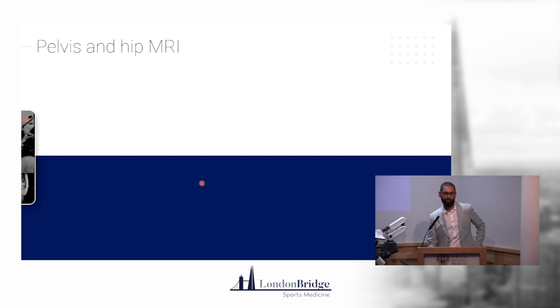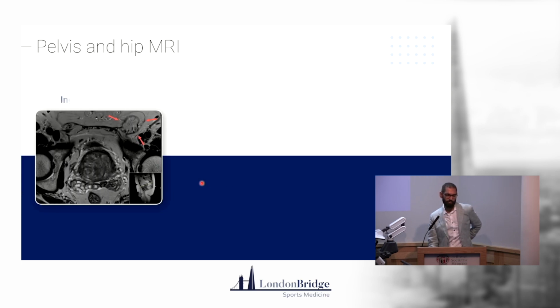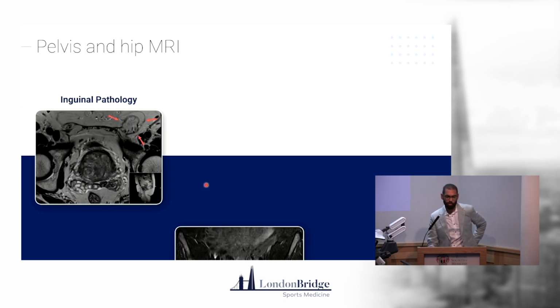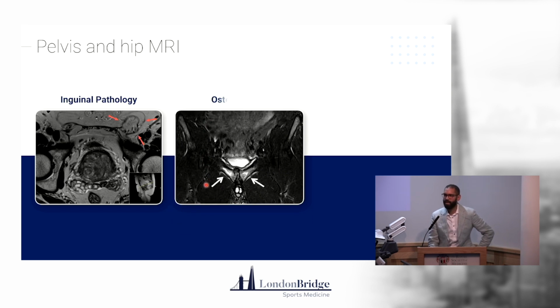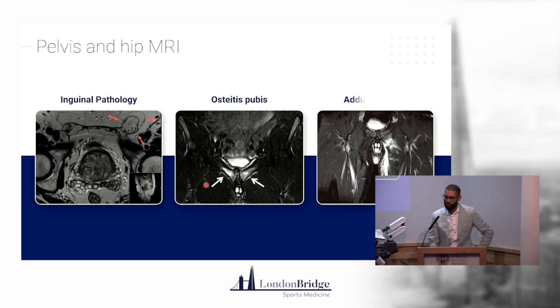So just some flashbacks from this morning's talk on groin pathology. This is some of the things where, if I'm just not sure what is causing it, I'm not overly convinced it's the hip joint, I might ask for some other views. So I might ask for an MRI to say, please could you MRI the left hip, but also look at the right inguinal area.